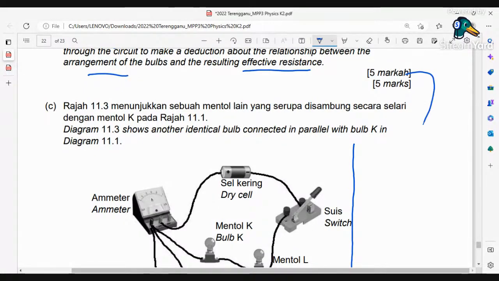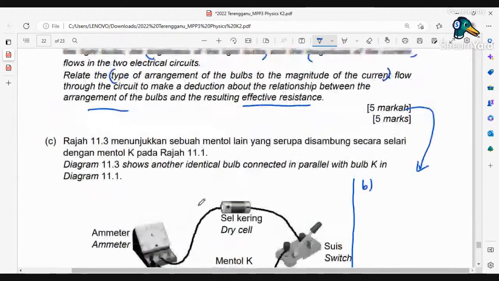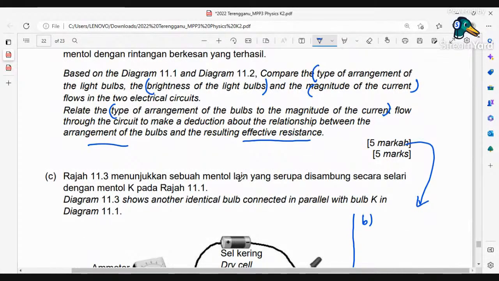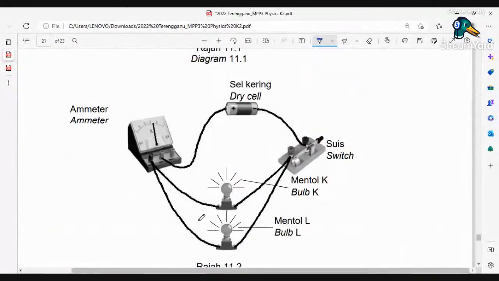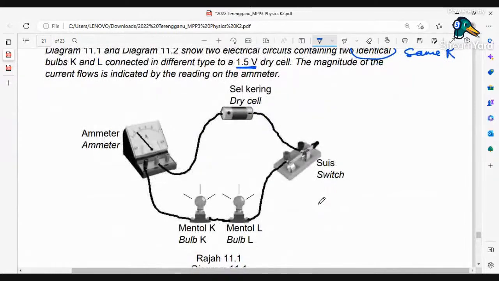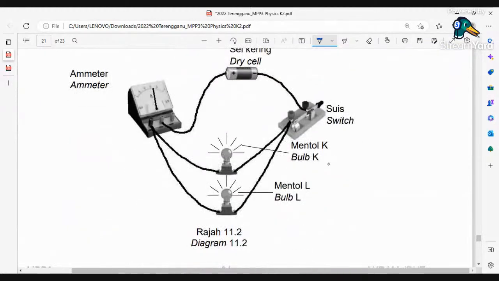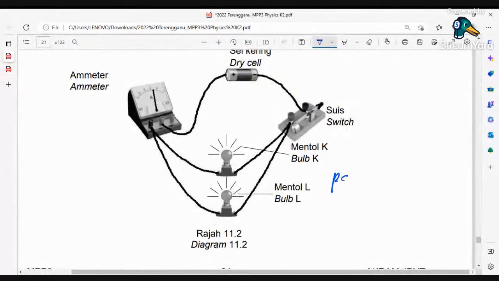I will write here the answer. First, you want to compare between arrangement. So you can see the arrangement here is series and parallel. This one is series, side by side. Opposite like this is parallel.